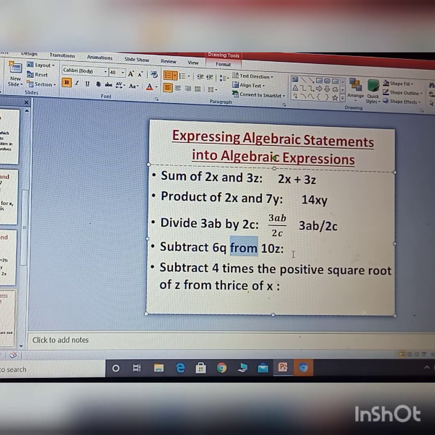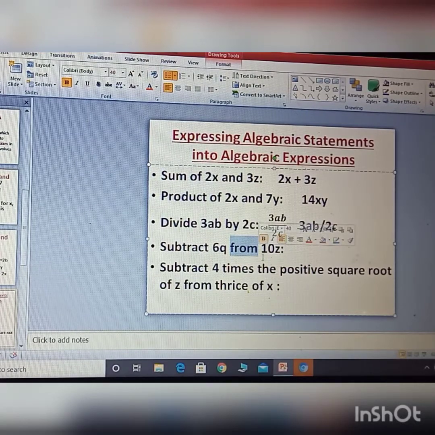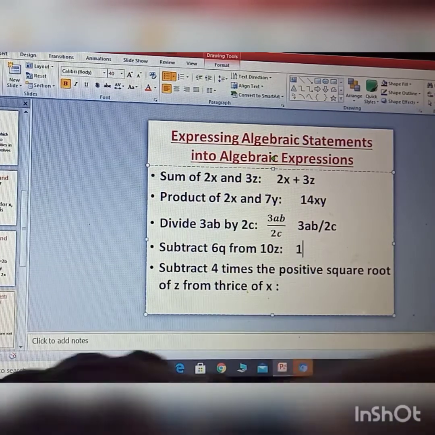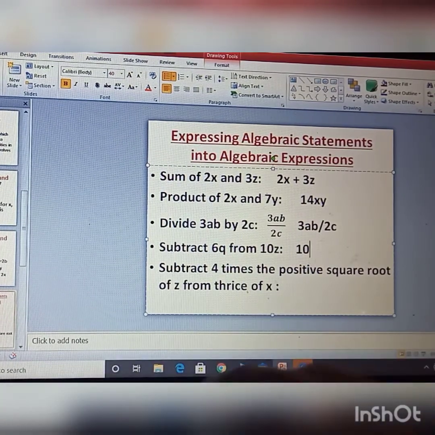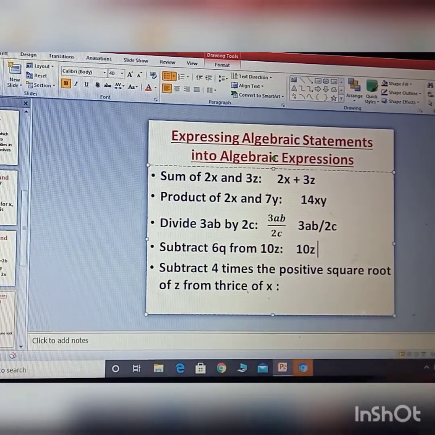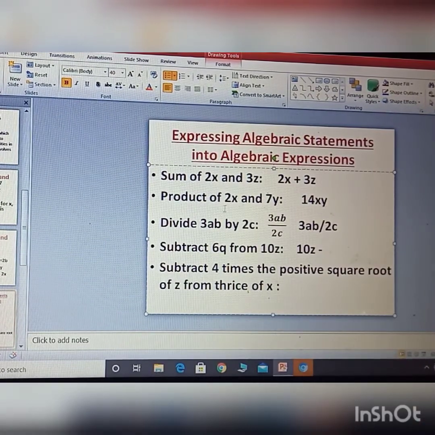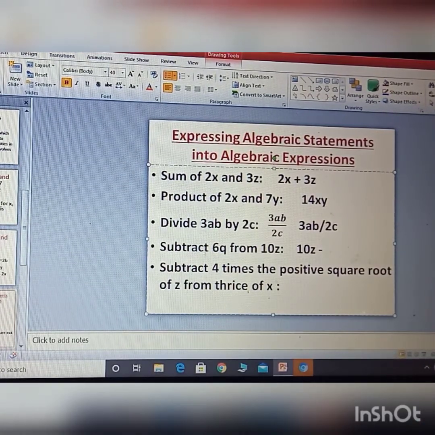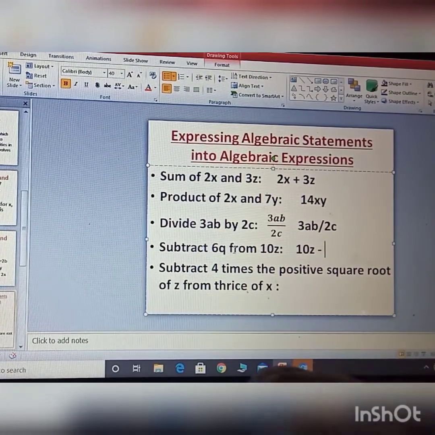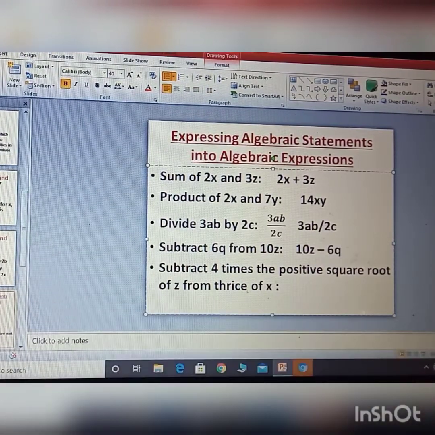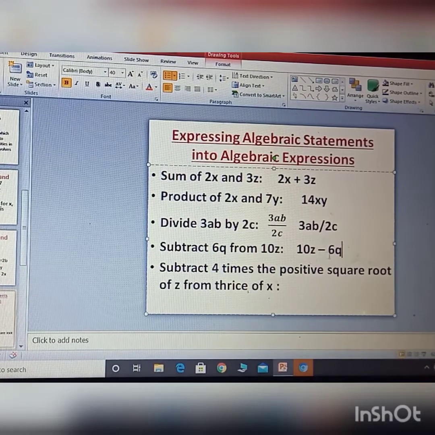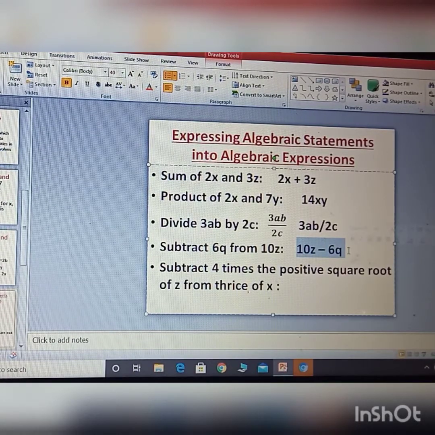I always say to my students, look for the term from, and whatever is written after from will be written first. So let me write it, 10z. Then you will show the subtraction symbol, and then what is to be subtracted? The term written before from. 6q will be written afterwards. So yes, here it is. This is the algebraic expression for this given statement.